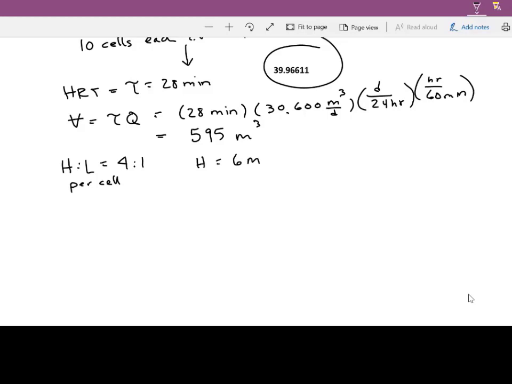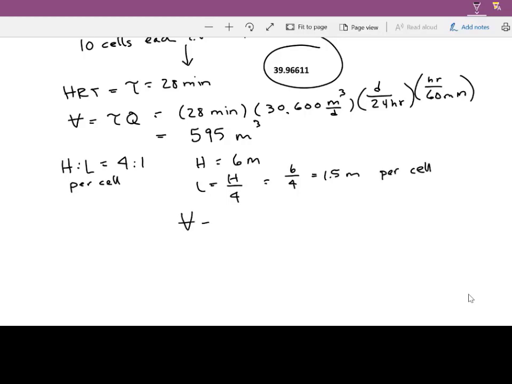And as I mentioned last week, here we want a very deep basin because we want to ensure that we have as much mass transfer of that ozone from the gas into the aqueous phase. So these tend to be very deep. So that would give us a length of H/4 or 1.5 meters. So that's each cell.